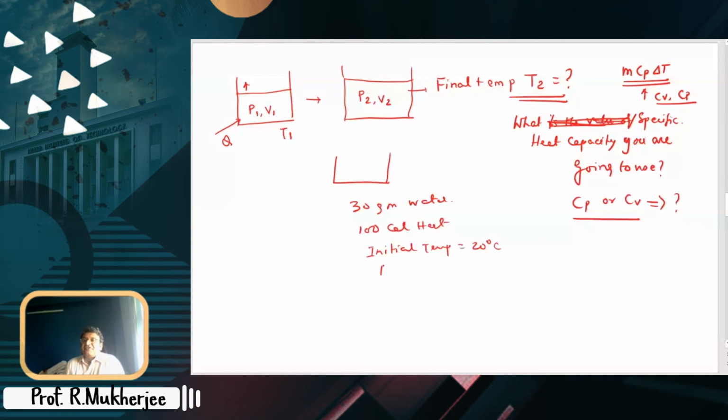What is the final temperature? What will the class do? Q equal to m Cp delta T, right? Assuming Cp to be constant, not a function of T. Cp is known, m is known. This is T2 minus T1. Q is known. So simply you get an expression for T2 minus T1 equal to some numbers. You just add it, right?